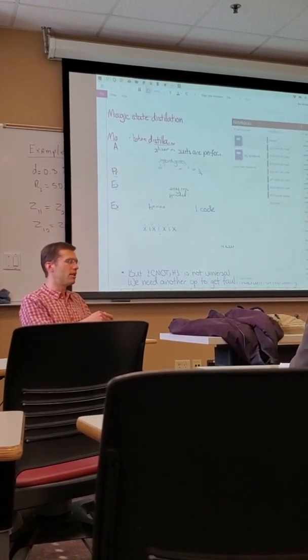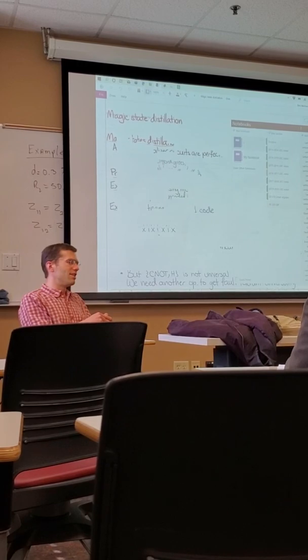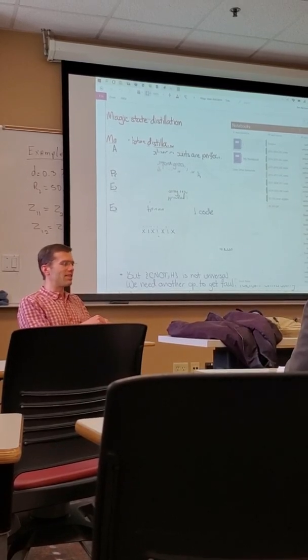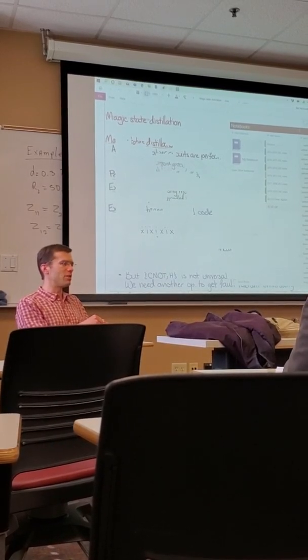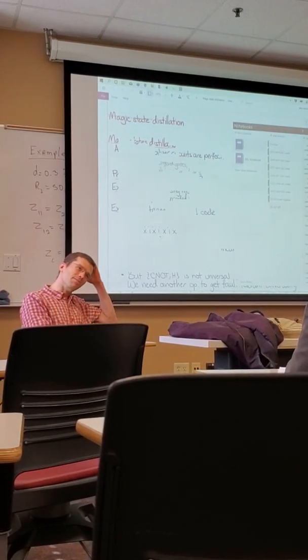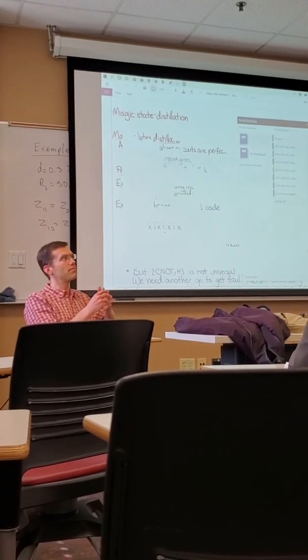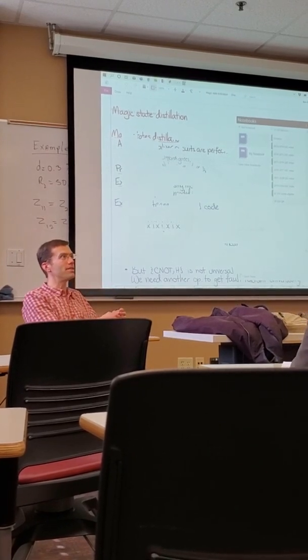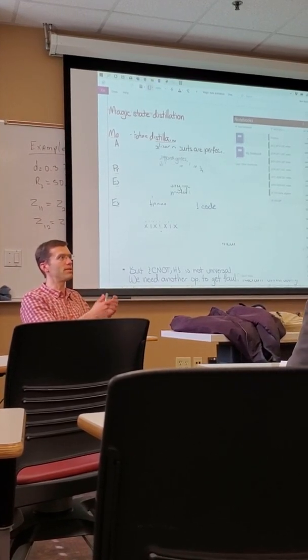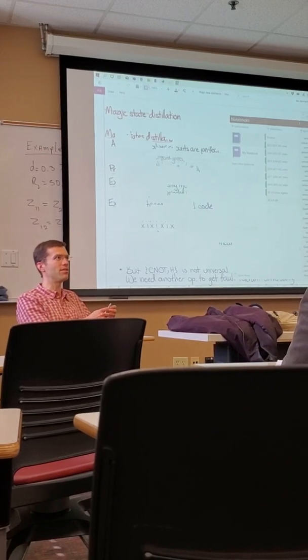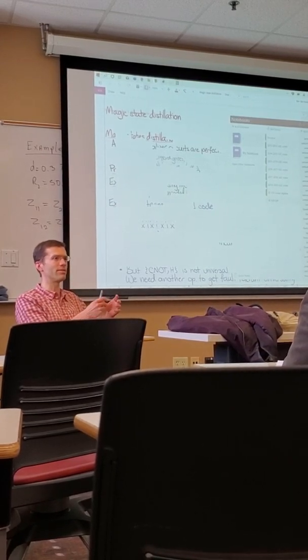Anyons are, I don't know what's the way of saying this. It's sort of a generalization of qubits maybe. So it's a different kind of physical system. Well, it's conjectured to exist in different kinds of physical systems, but it's a very nice mathematical model that you could say generalizes qubits or something.